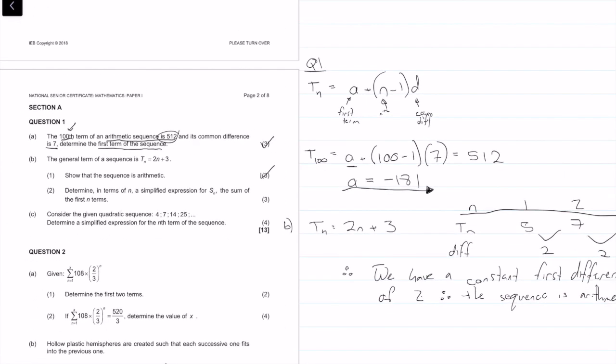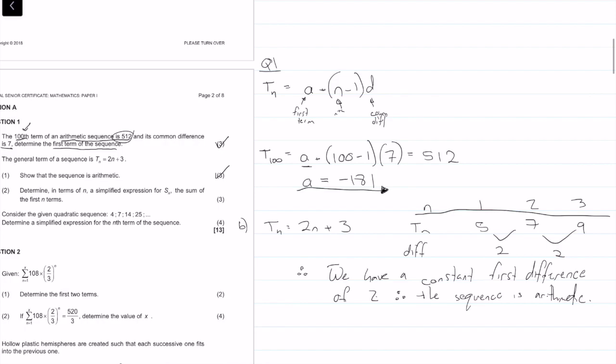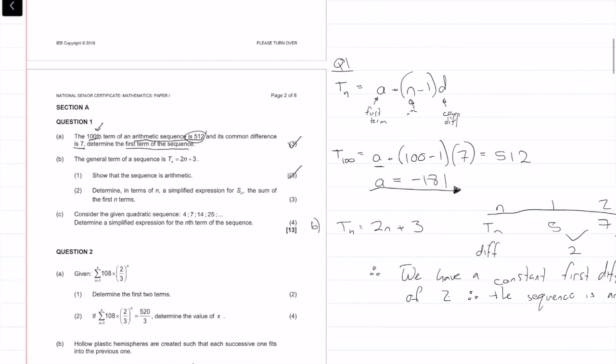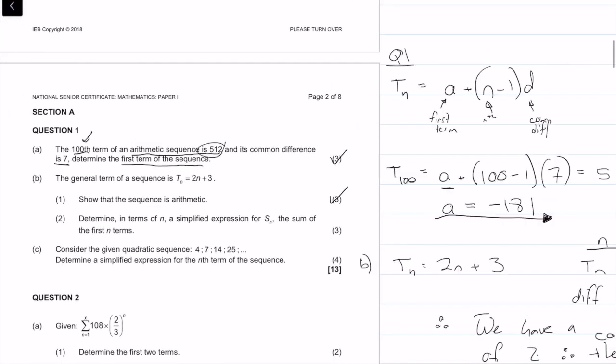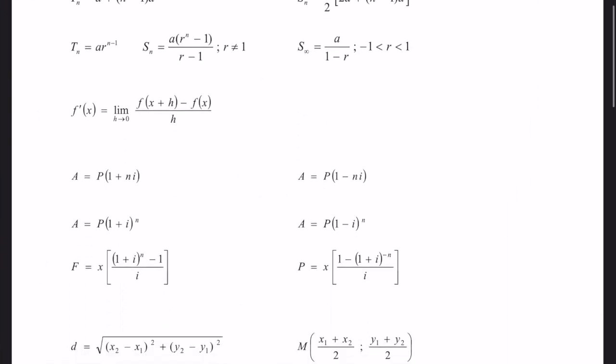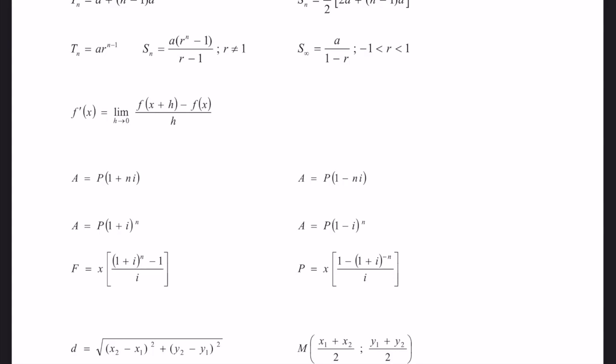Question B2 says determine in terms of n a simplified expression for Sn, the sum of the first n terms. What we should do at this point is go to our formula sheet. This equation right at the top, Sn equals n over 2 open bracket 2a plus n minus 1 d, is going to be our sum for the arithmetic terms.